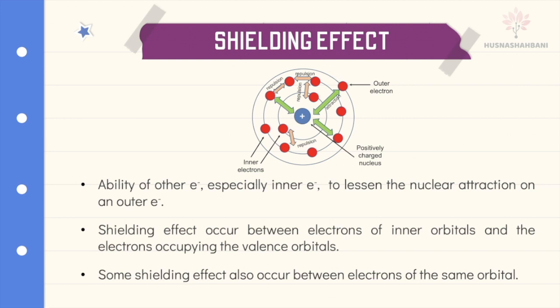Shielding effect is the ability of electrons at the inner shells, n equal to 1 and n equal to 2, to lessen the attraction on the valence electron at n equal to 3. The valence electron is less attracted to the protons because it is being shielded by the electrons in the inner shells.